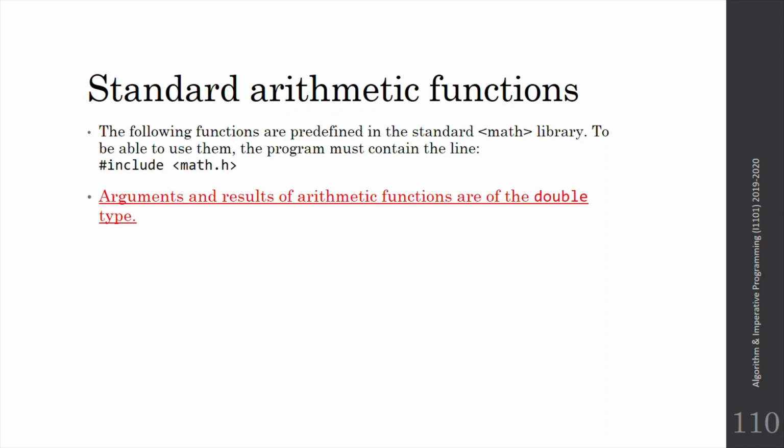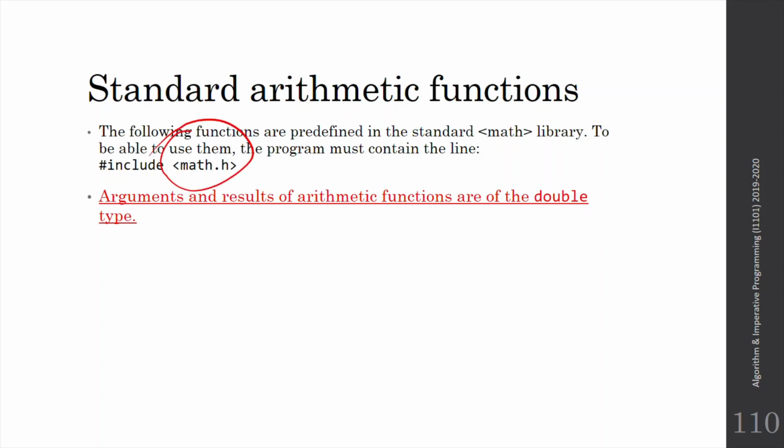So let's talk about the standard arithmetic functions. In math, we use functions like logarithm, sine, cosine, square root. All these functions were already written, like the function printf was written in the library called stdio. We have a library called math.h, which contains all the implementations of these functions.